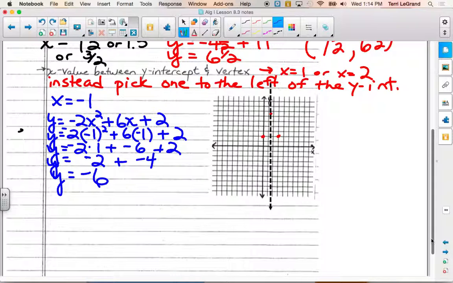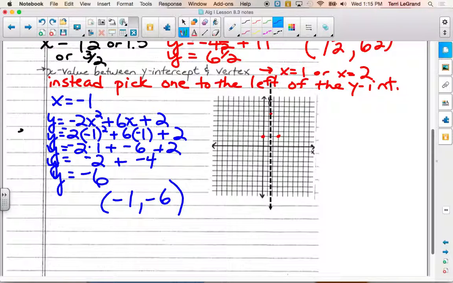When you're done, you can see if you need to change my mind or if I need to change yours. How do you feel about my y equals -6? Anybody want to thumbs up me? Oh, that's a big goal. So then this is ordered pair what? -1, -6.